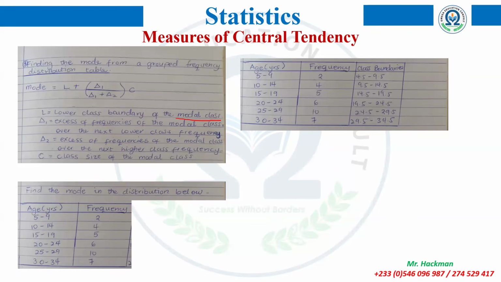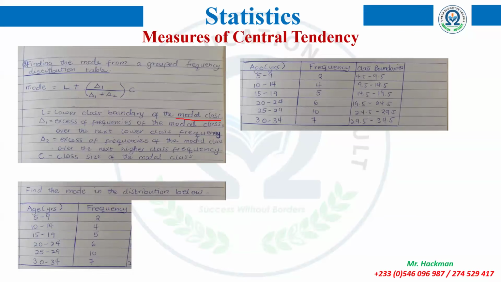25 to 29 is not a value, so you cannot say that is a mode. All the measures must be specific values. What you stated is a class, or a section. I hope you agree with me. So you rather stated the modal class, not the mode.